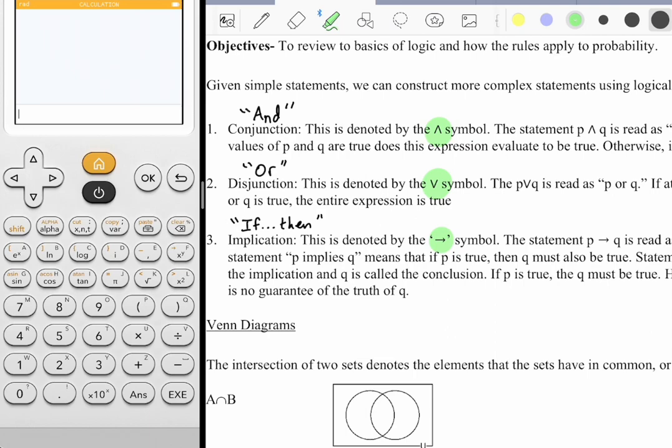But the conjunction, when you put two statements together with an and, the only way that sentence would be true is if both parts of it were true. All right, so I always have simplistic examples, and I mean that in every sense of the term. I am wearing shoes and I am wearing socks.